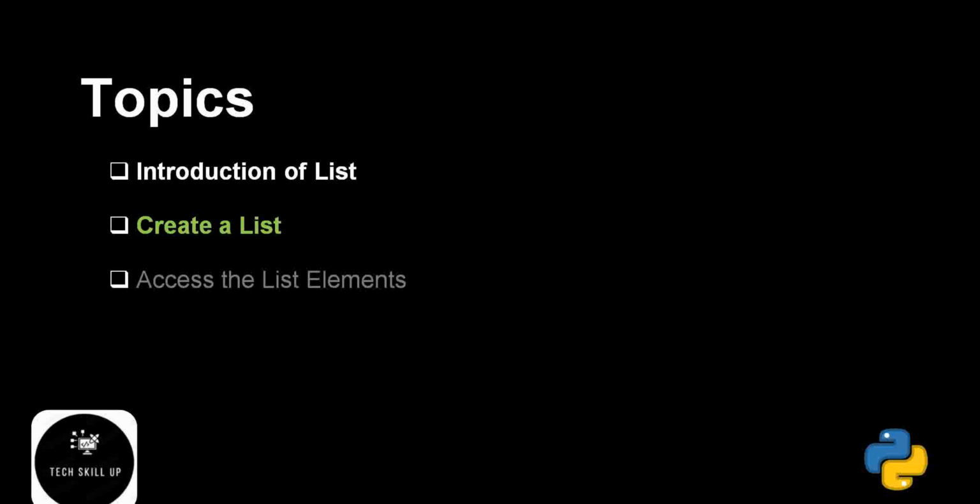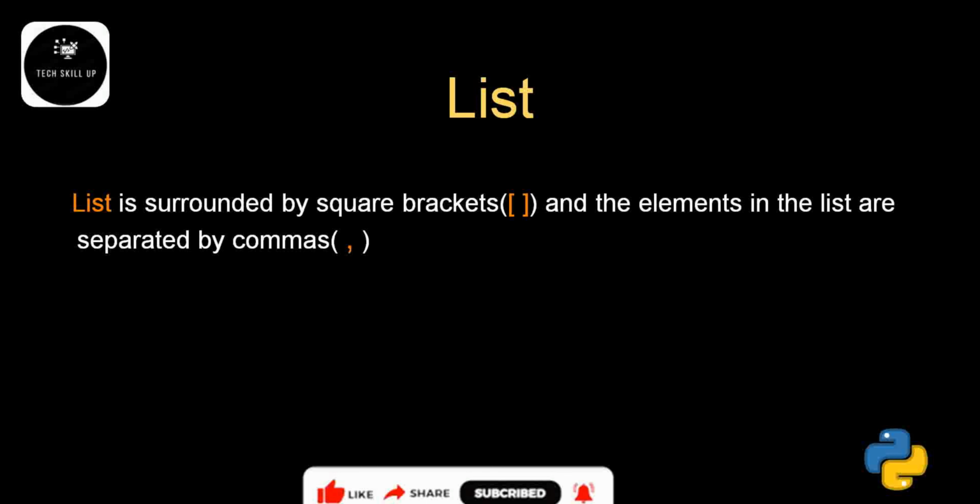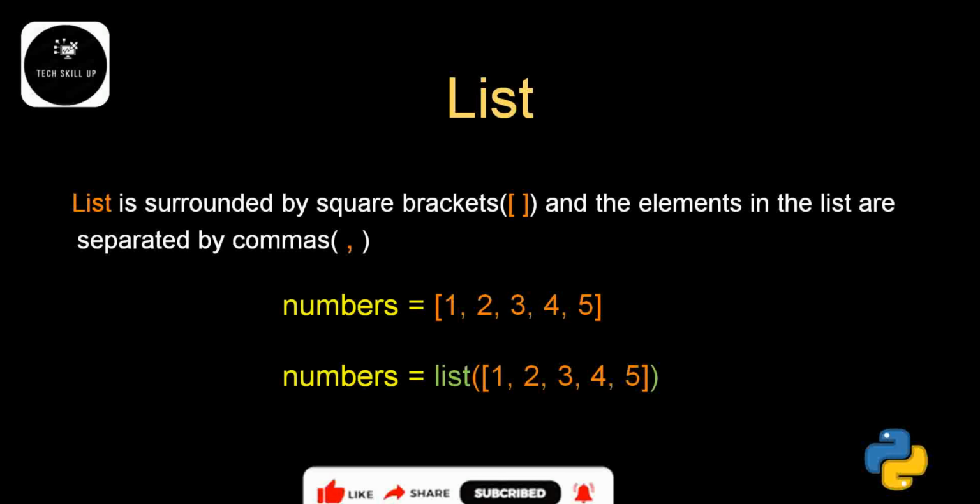Then you can see create a list. A list is surrounded by square brackets and the elements in the list are separated by a comma. Here are two ways to create a list.